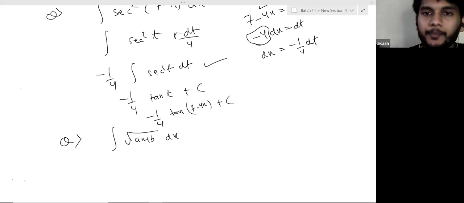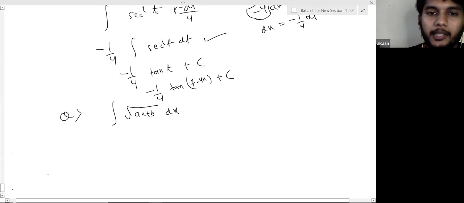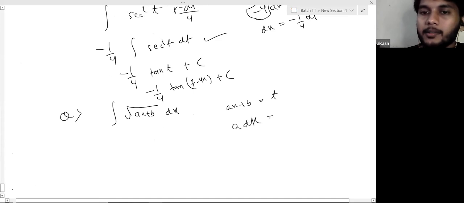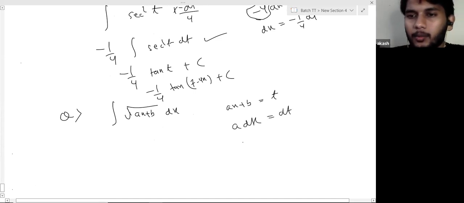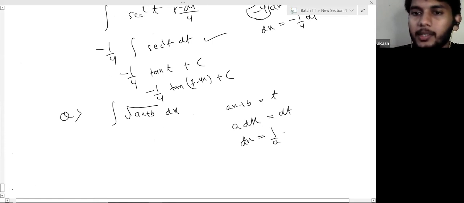All right. So what we can do here is we can take ax plus b as t. So we'll have a dx equals dt. So constants have never been a problem for us. So dx will be 1 upon a dt.